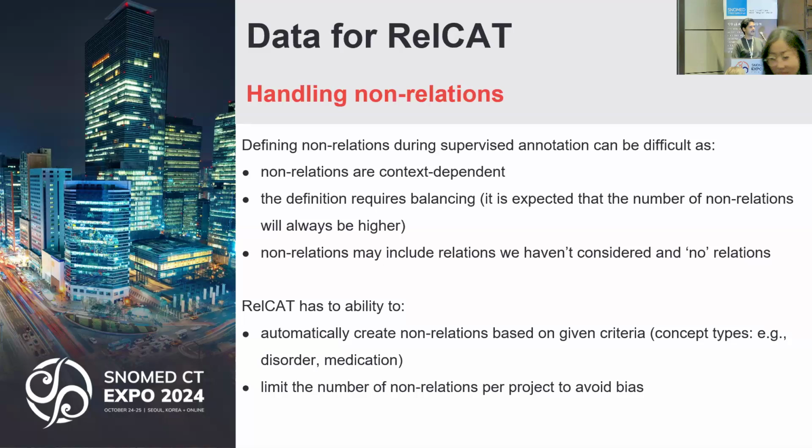RelCAT has the ability to automatically handle this. Given the user's choice, A, it can create non-relations only with actual non-relations and not include the other relations. But in case you want to create these other relations as well, then you give the criteria, disorder, medication, symptoms, etc., and it will take that into consideration and create these non-relations for you.